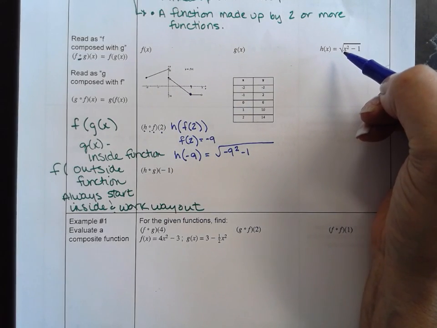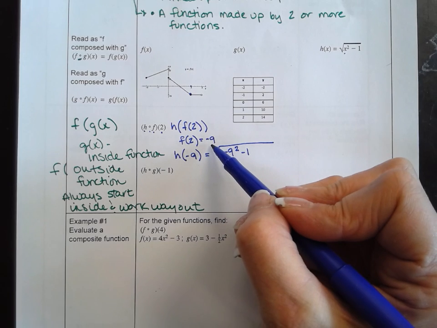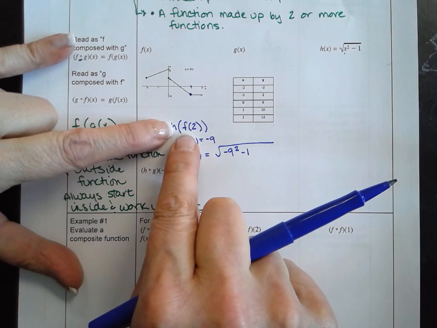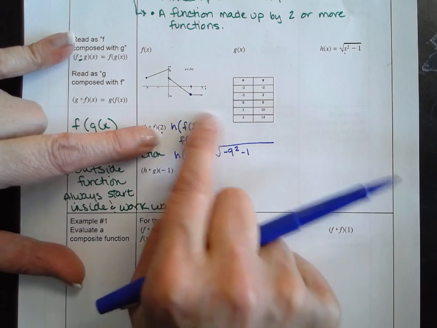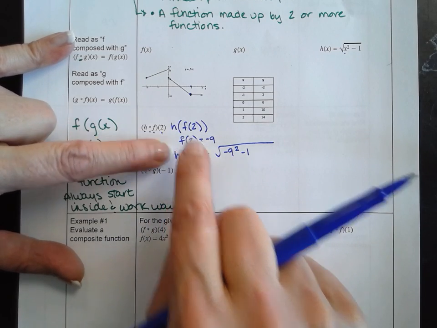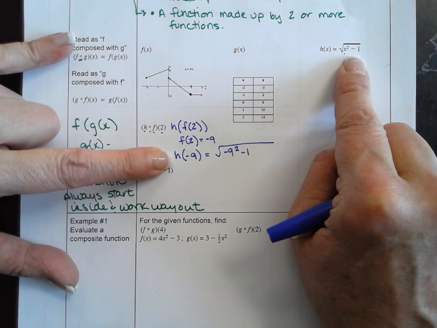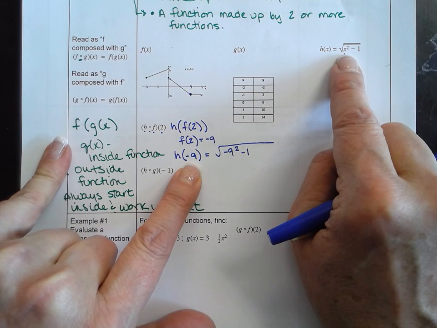Is everybody with me on that? Okay, so I found the F of 2. Are you all with me on that? Okay, since I found the inside, now I put that answer in the outside function. My outside function is the H function. F of 2 is negative 9, so I put negative 9 in.